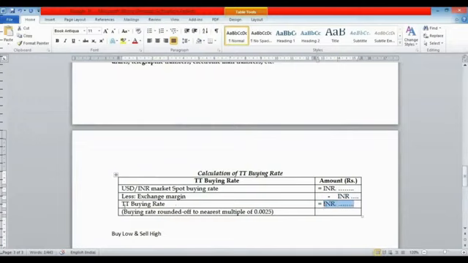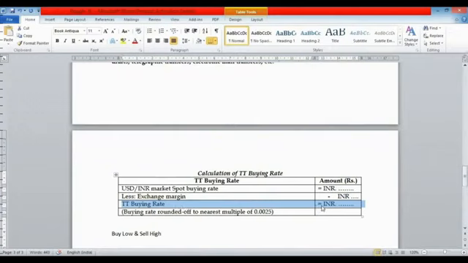So this is the base rate or the spot rate, and on the spot rate we load the exchange margin to get the TT buying rate.